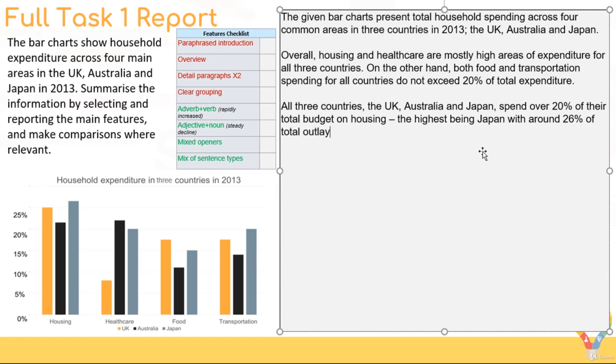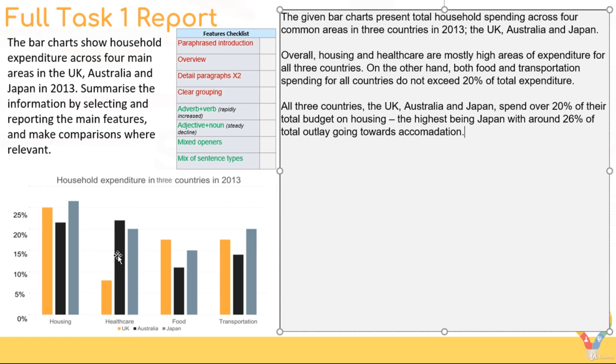I don't want to repeat myself too often, of total outlay going towards accommodation. Again, I don't want to keep repeating myself with housing. Accommodation is perfectly fine. Okay, so that's my first part done for housing.